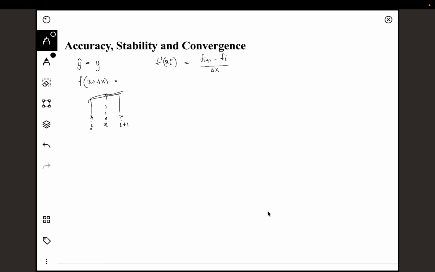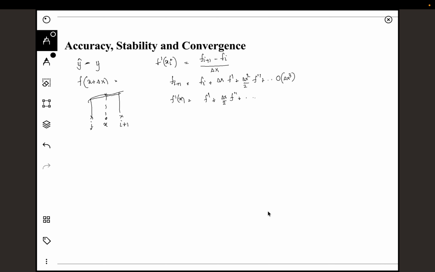From the Taylor expansion, we can write f i plus 1 as f i plus delta x times f prime plus delta x square by 2 times f double prime and so on. The higher order terms, I'll just put delta x cube. If I substitute this into the original equation, my f prime at x will be f prime plus delta x by 2 times f double prime and so on.